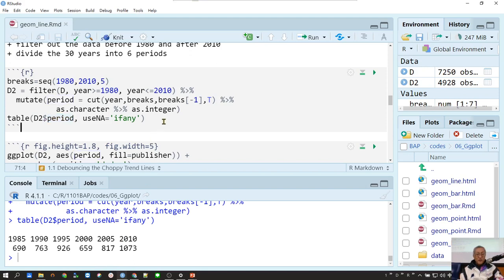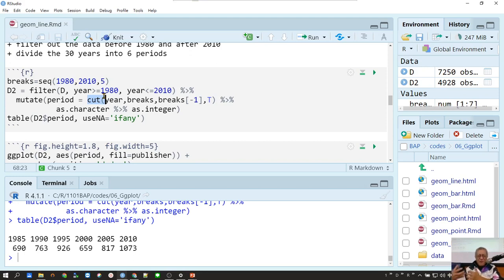The reason that I need to do as.character and as.integer is kind of unfortunate, because this cut function produces a factor, right? And in order to convert a factor into integers, you need to convert into character and then back to integer.